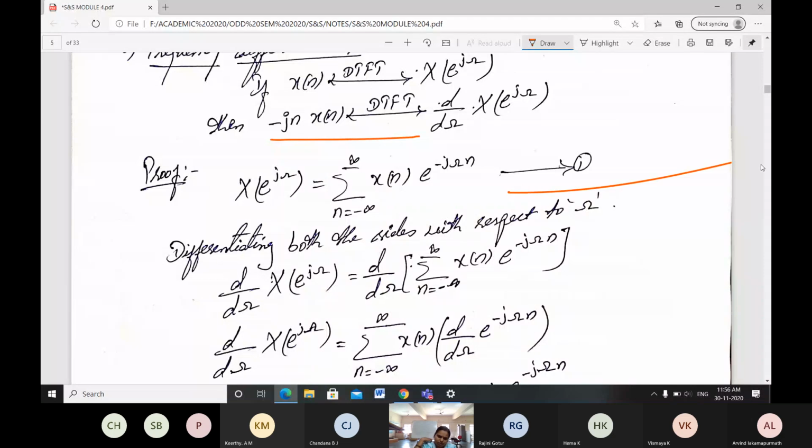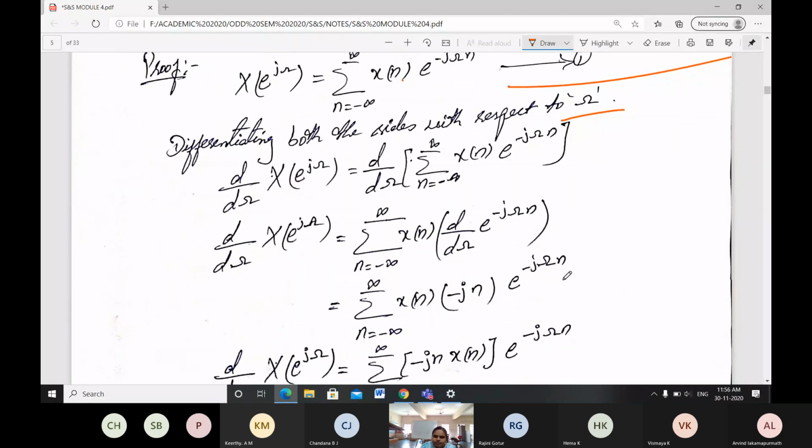Take this as equation 1 and differentiate both sides with respect to omega. Then d by d omega of X of e raised to j omega is d by d omega of this part as it is, that is summation n varying from minus infinity to plus infinity x of n e raised to minus j omega n.